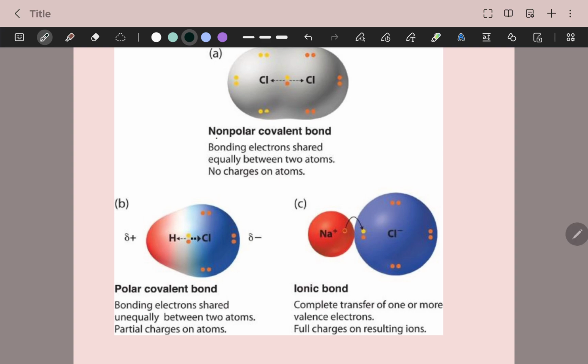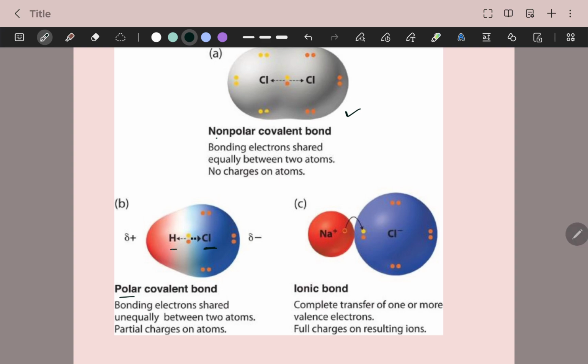Then there is something called non-polar and polar covalent bonds. In non-polar, the electrons are equally shared between 2 atoms, so there are no charges on the atoms. In a polar covalent bond, the electrons involved in bonding are unequally shared between 2 atoms. The one that has more electronegativity will attract the electrons more toward itself than the other.